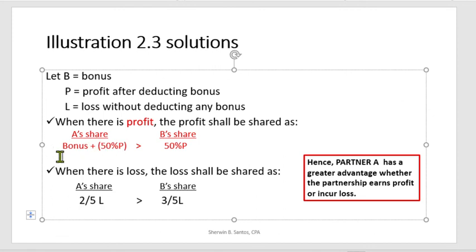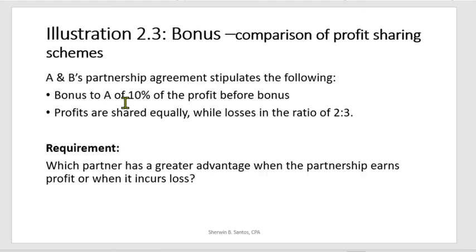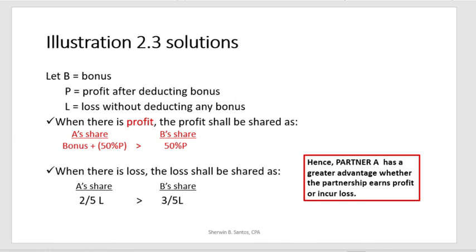Paano naman kapag loss? When there is loss, the loss shall be shared as, ano bang sabi dito sa kapag daw loss is, ang ratio ay 2:3 or 2/5 and 3/5 for A and B respectively.